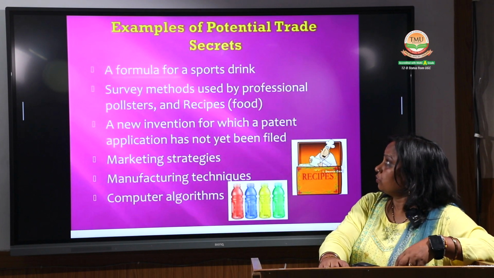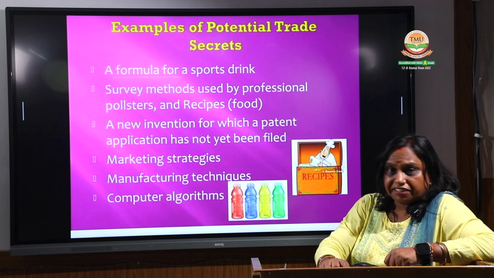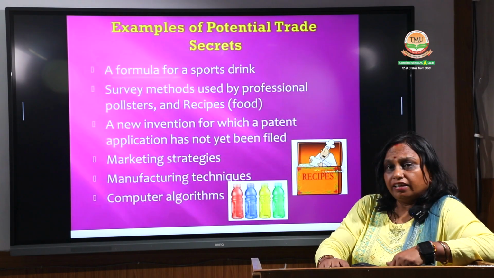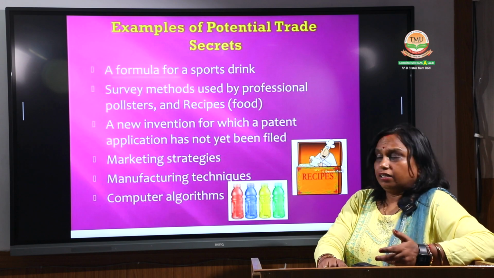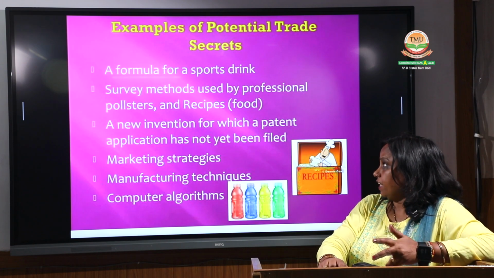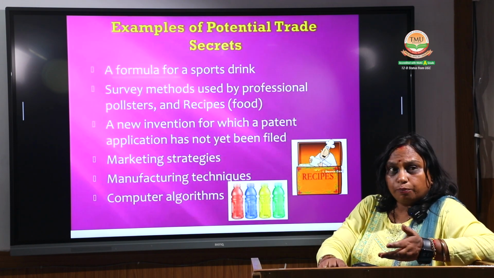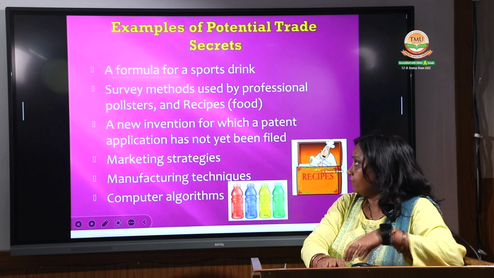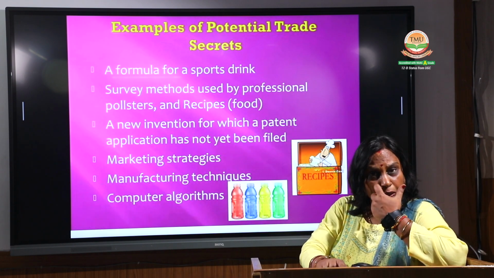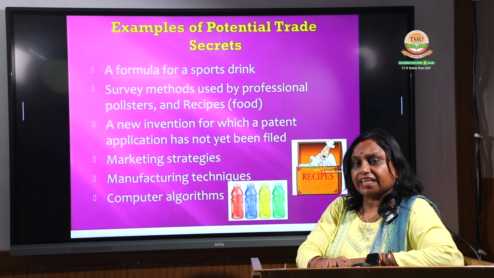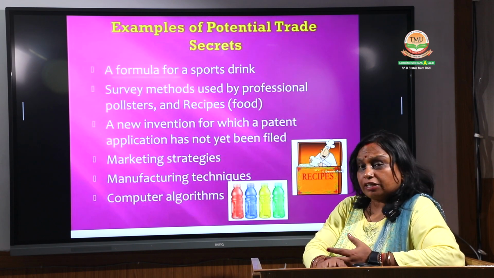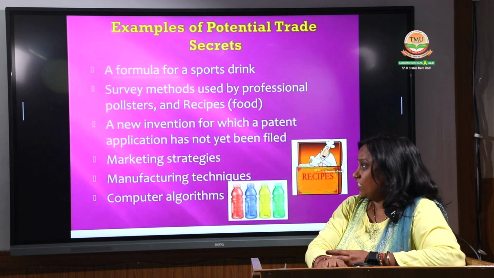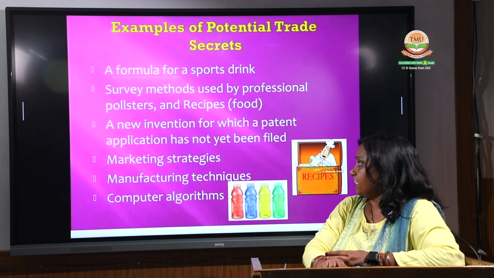So what are the potential trade secrets? It may be any formula for a sports drink, or any method used for professional pollsters, and recipes in the case of food, in the case of eatables, it can be any recipe, or it includes new inventions for which a patent application has not yet been filed.